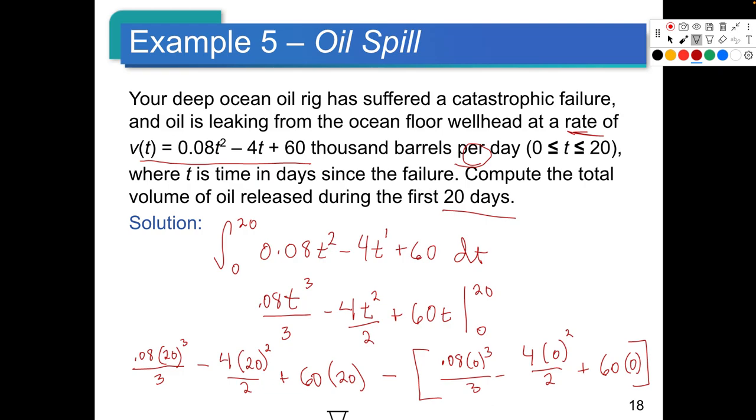I think I've got a calculator with me. And again, when you're doing these, just watch your order of operations as you put things into your calculator. Because if you don't get it in just right, you'll have problems.